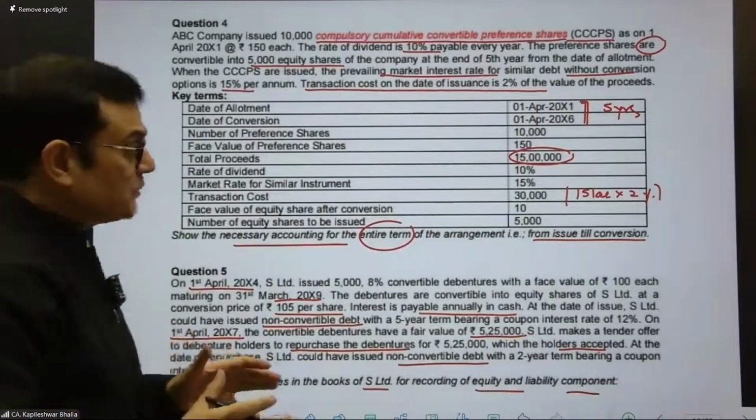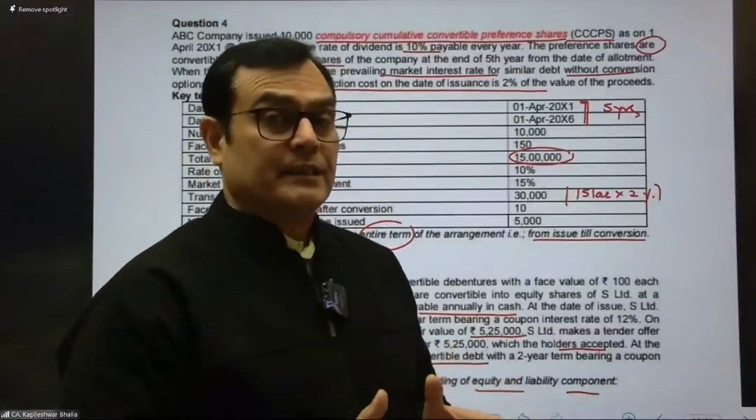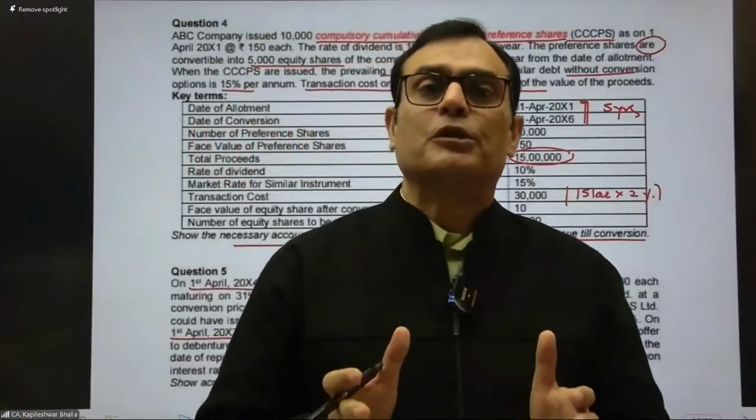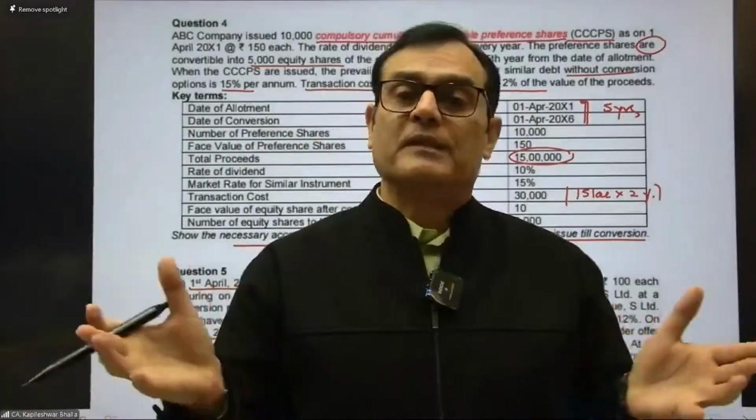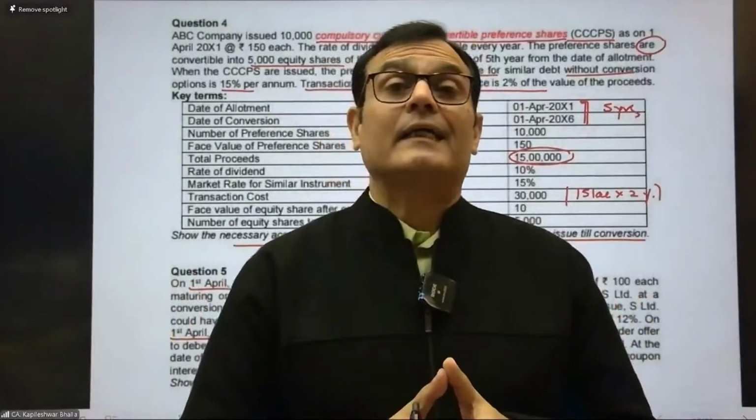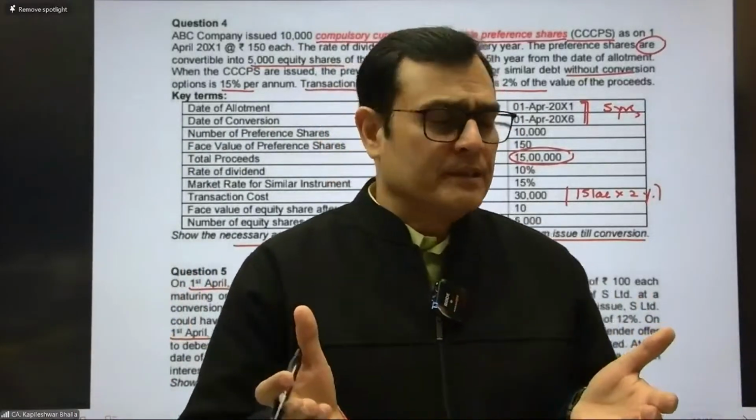So as we can see, the special agenda in this particular case is the early redemption of this convertible instrument. After a period of 3 years, the company makes an offer to the debenture holders that I am going to redeem the money. So what happens in this case?